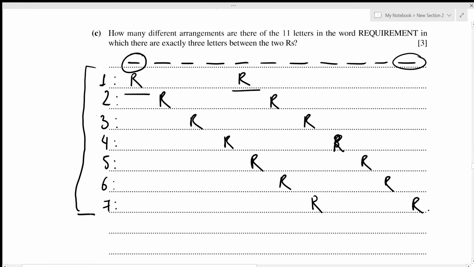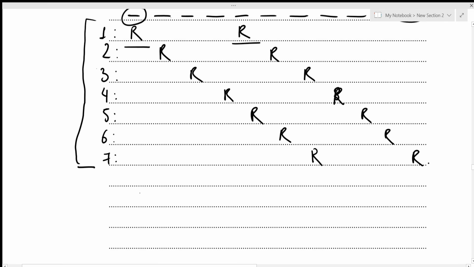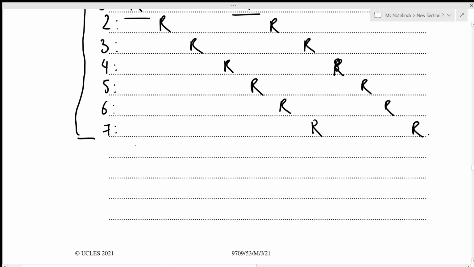So we can completely ignore these 2 letters and just figure out the number of arrangements for the remaining 9 letters, right? So for the total letters, that's going to be 9, and then the repeated letters, there's just going to be E, and the number of times it repeats is going to be 3.